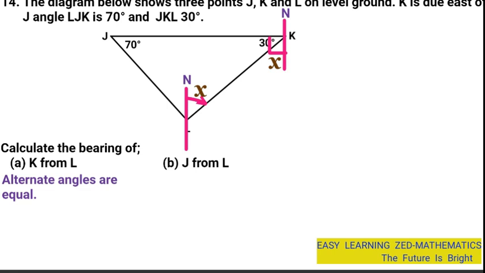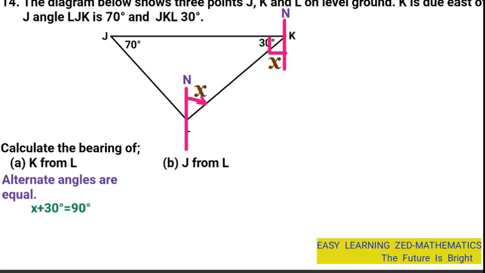Because these angles are alternate angles, and alternate angles are equal. So if I find the X adjacent to 30 degrees, I've also found the X here, because they are equal. The property I'll use is alternate angles are equal.